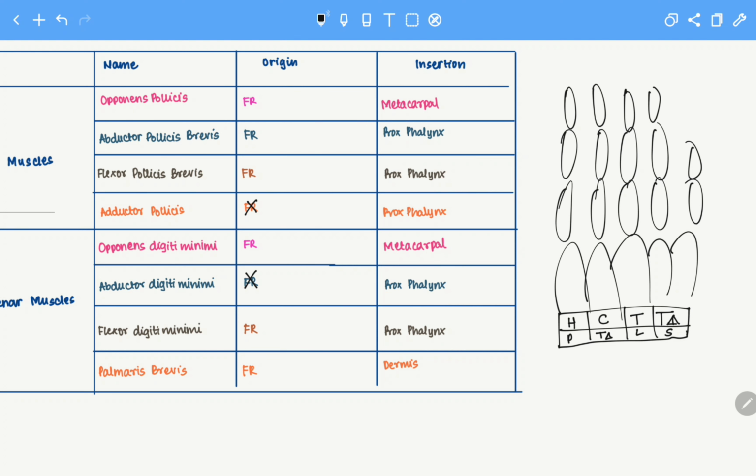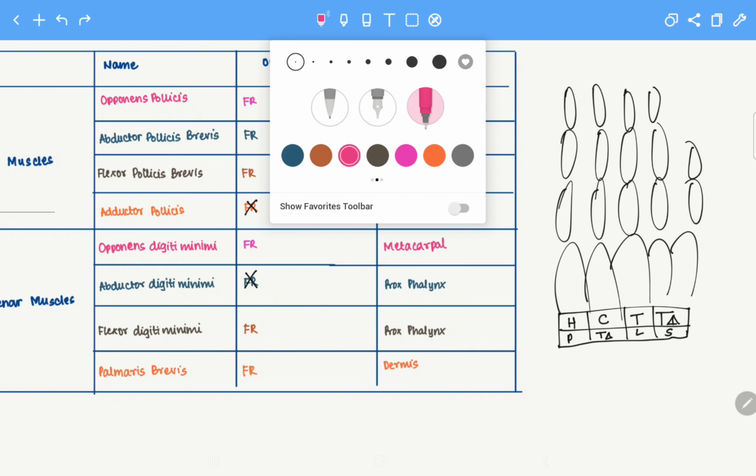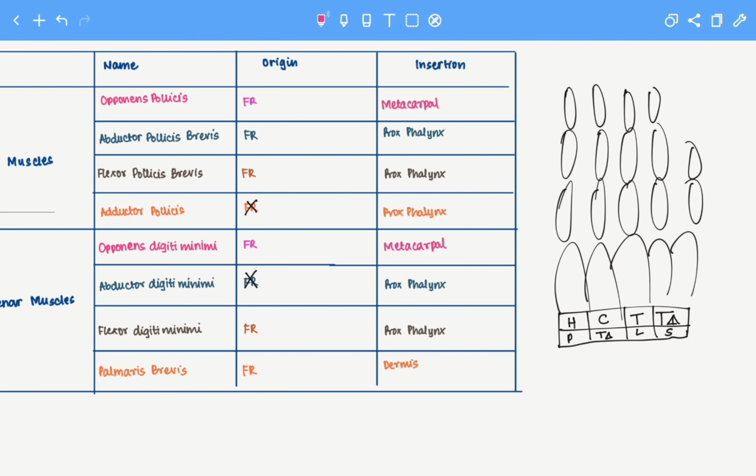First we talk about the opponens pollicis, and we know it will be associated with this finger because this is the thumb. So the opponens pollicis is associated with the thumb. Therefore it will be located on this side.